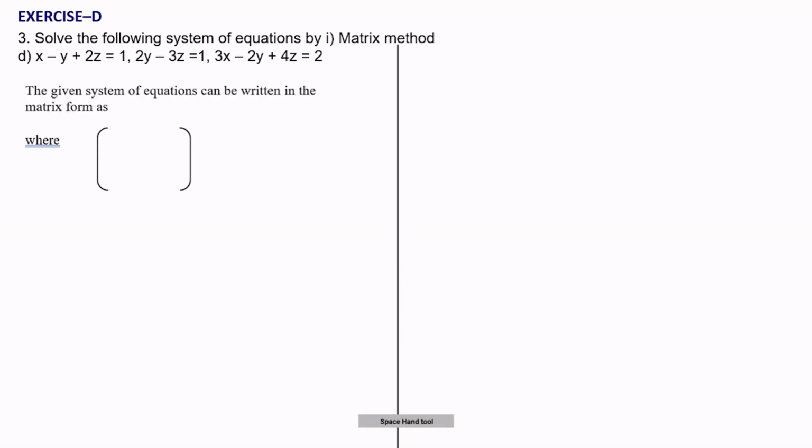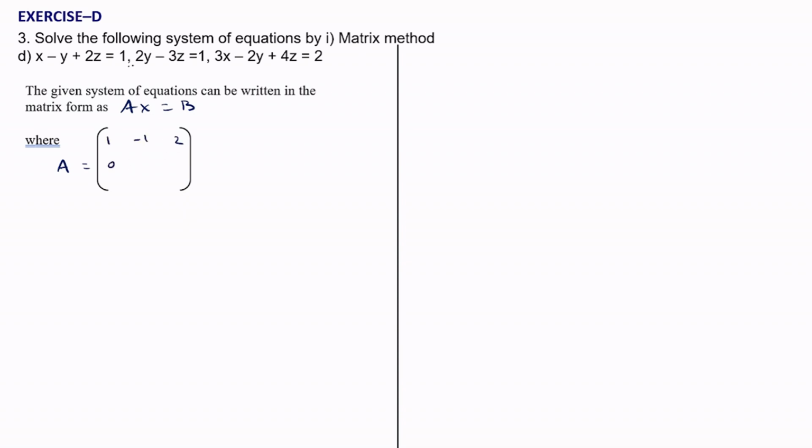Next question, x minus y plus 2z equal to 1, 2y minus 3z equal to 1, 3x minus 2y plus 4z equal to 2. So the given system of equations can be written in the matrix form as Ax equal to B, where A equal to the coefficient matrix 1, minus 1, 2.